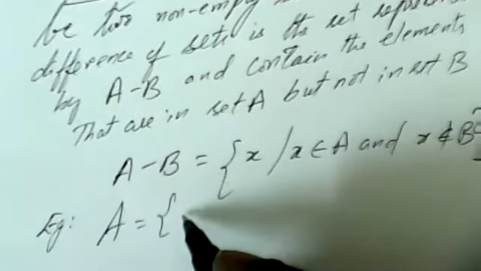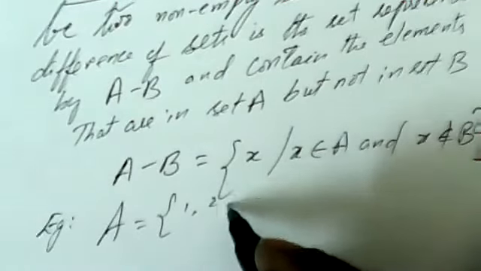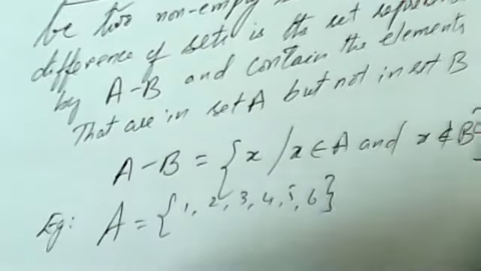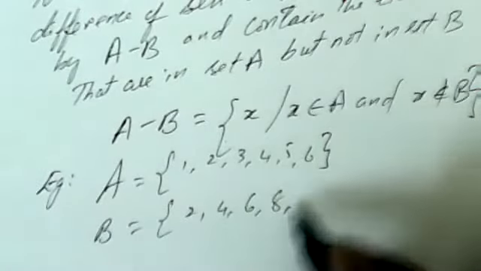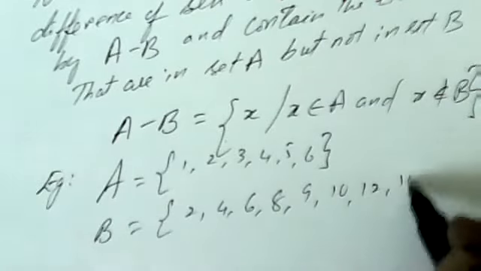Suppose A is 1, 2, 3, 4, 5, 6, and we also have B is equal to 2, 4, 6, 8, 9, 10, 12, 14. Okay.